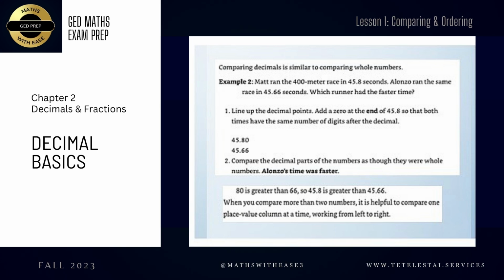So when you compare two or more numbers, it helps to compare one place value column at a time, and you want to work from left to right when you're doing so.